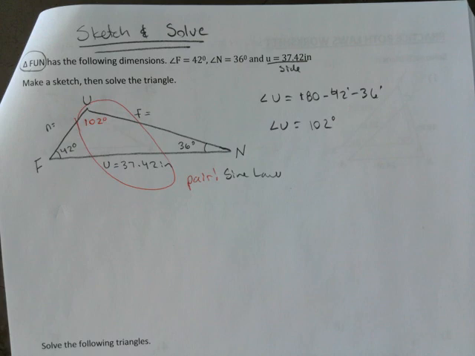Okay, that means that you will have to use sine law in this case. And I want you to review sine law, right? Because after today, I will expect you to know how to use both as needed. Right? So you go for it.